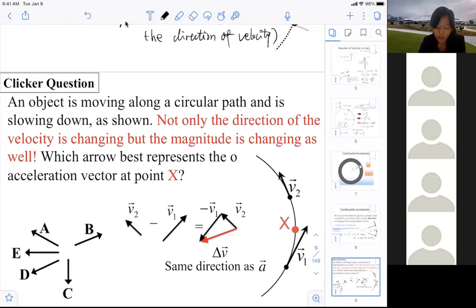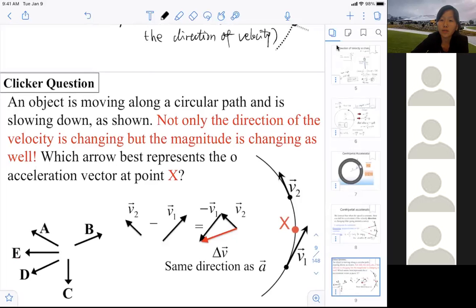So there are multiple ways to look at it. The diagram I drew here is one way, looking at the acceleration using the change of velocity. But there is another way to look at it. So I want to give you a couple minutes to think about this. And when we come back, we can have a discussion together on how we go about figuring out the direction of your acceleration.